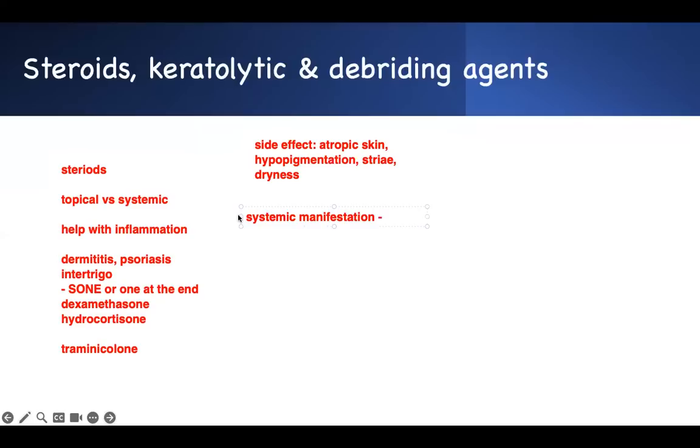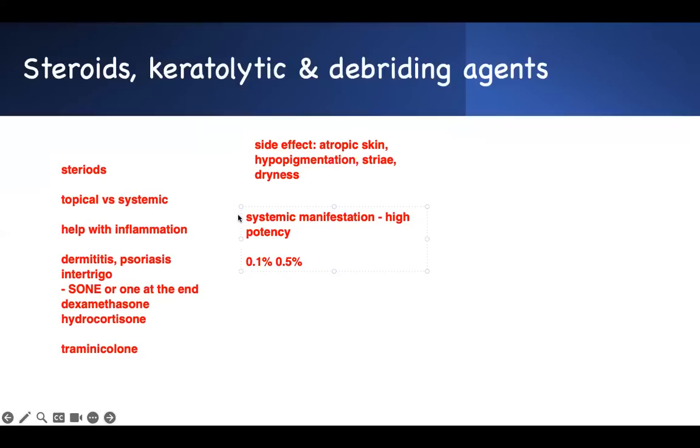Especially if you have high potency doses, usually like 1%, 0.5%, some people have 2, 3, 5%. Those are high potency steroids.